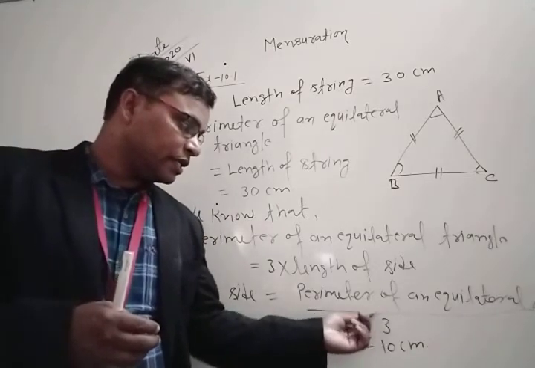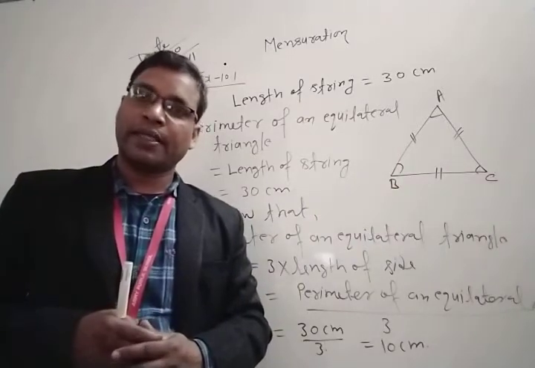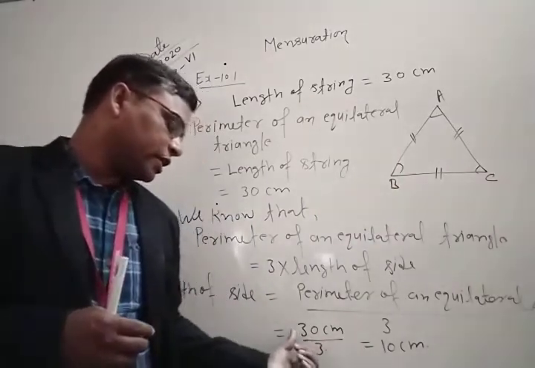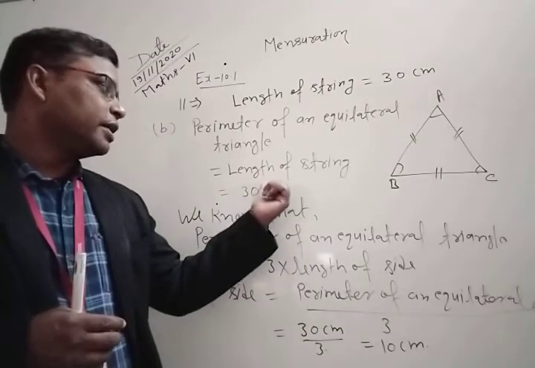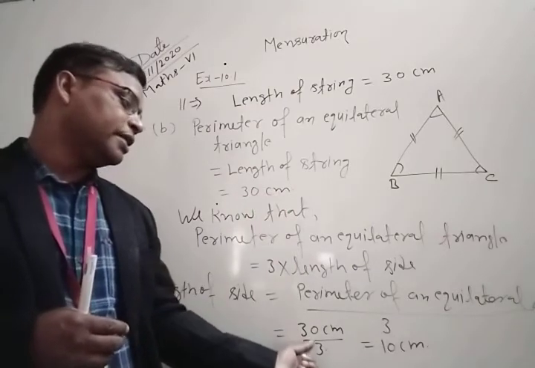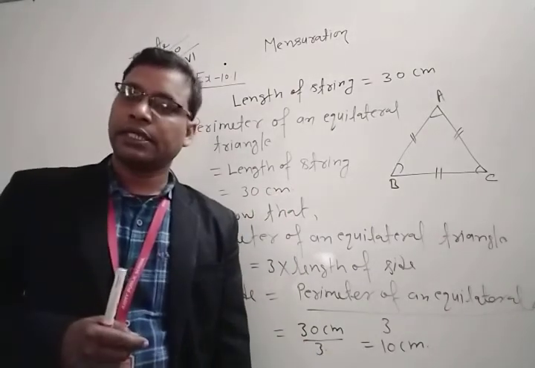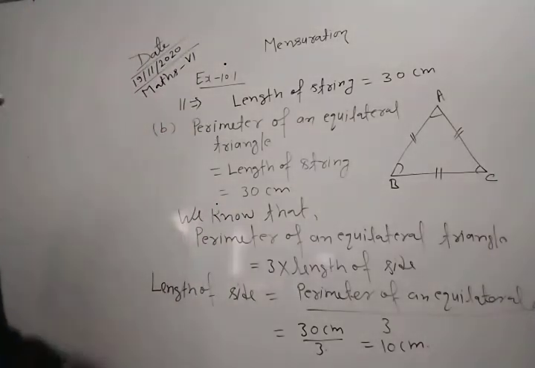So why do you divide by 3? Because the equilateral triangle has 3 sides, and all sides are equal. So this 30 centimeter is the perimeter of the equilateral triangle, which is also equal to the length of the string. If you divide 30 by 3, then you obtain 10 centimeter. So students, I hope all of you understood this part.